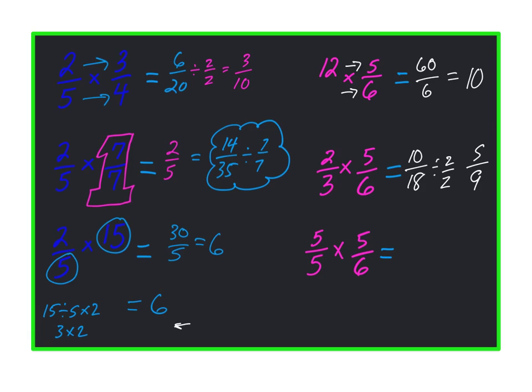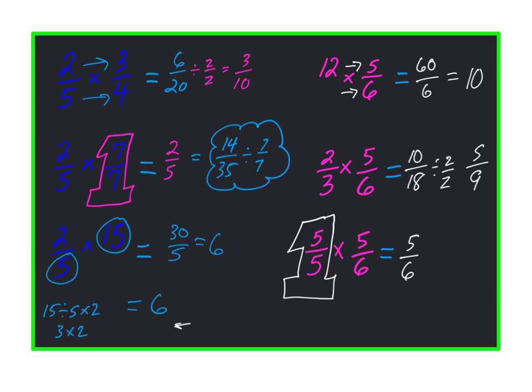And the last one here, I have 5/5 times 5 over 6. Oh, before I multiply, it happened again. This fraction equals 1. So instead of multiplying it out and having to simplify, I realize that 5/5 is the same as 1, so 1 times any number is that other number, so I know that my answer stays 5/6.